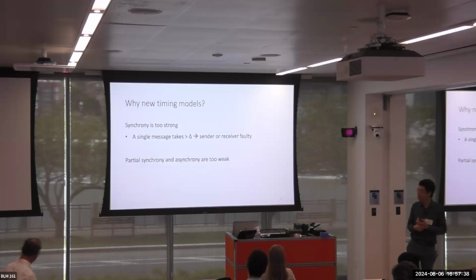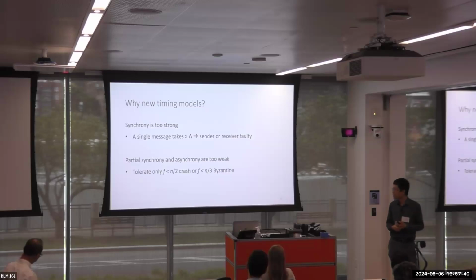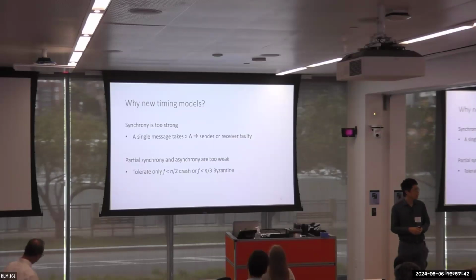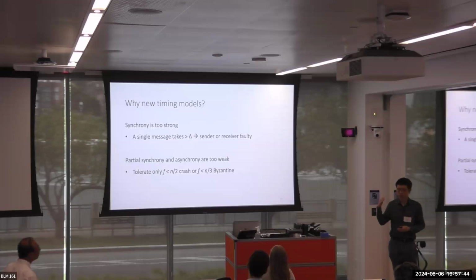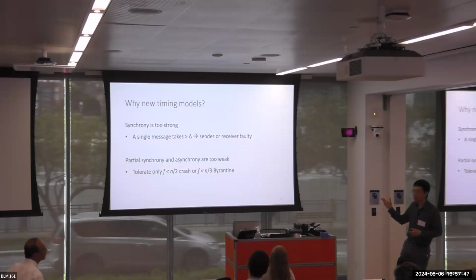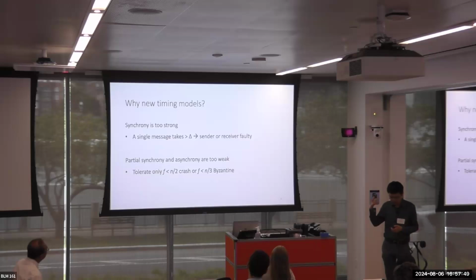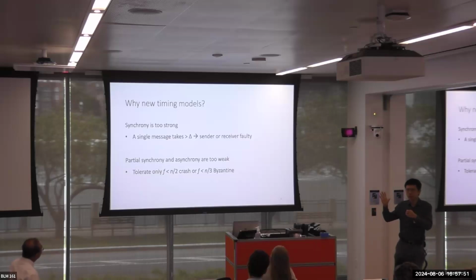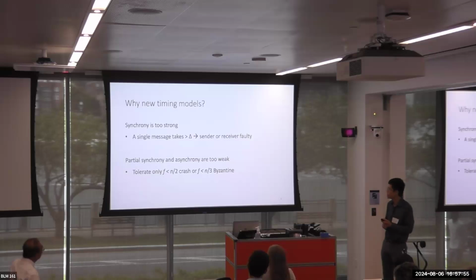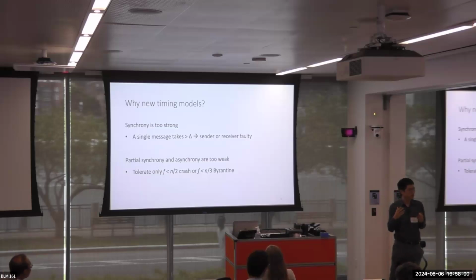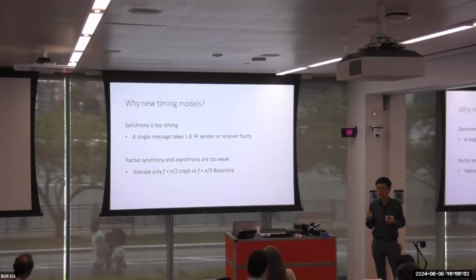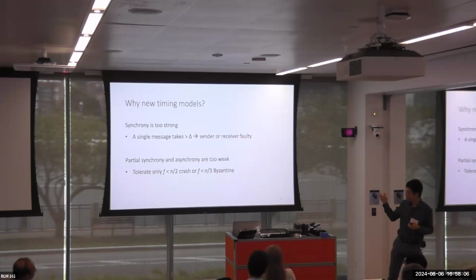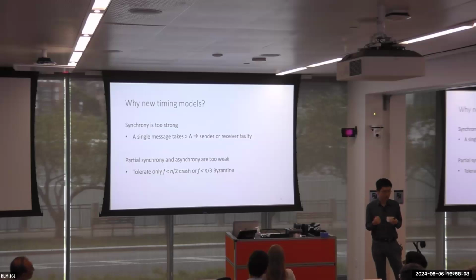But with the boom of blockchains, I would argue that at least sometimes they are too weak. First of all, you have to sacrifice your fault tolerance in partial synchrony or asynchrony. By the way, I'm treating them mostly the same because the spirits are very close in those 2 models. You can only tolerate less than half crashes or less than 1/3 Byzantine, whereas if you're willing to assume synchrony, you can tolerate any number of crashes and up to half Byzantine.